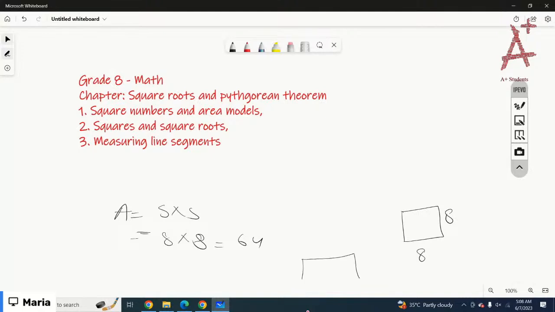This shape is a rectangle. Basically you have to find all the numbers that when multiplied make 36. Like if it is 12 and this is 3, 12 times 3 makes 36. So that would be a rectangle that has the measurement 12 and 3.